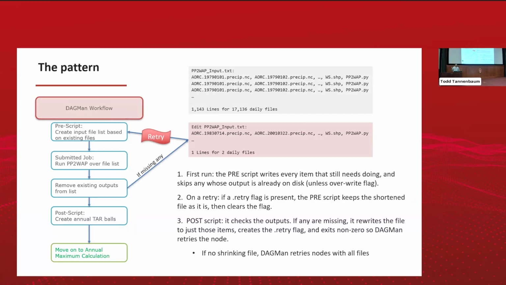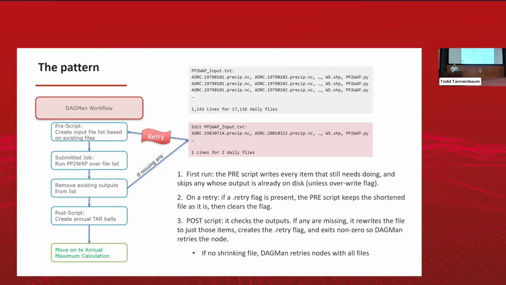We run through, and maybe we're only missing 2 files. The first step of the post-processing checks our outputs and narrows it down to just the 2 daily files we might have. And then it gives out a retry flag. It fails the job, so it goes back to the start of the DAG node.